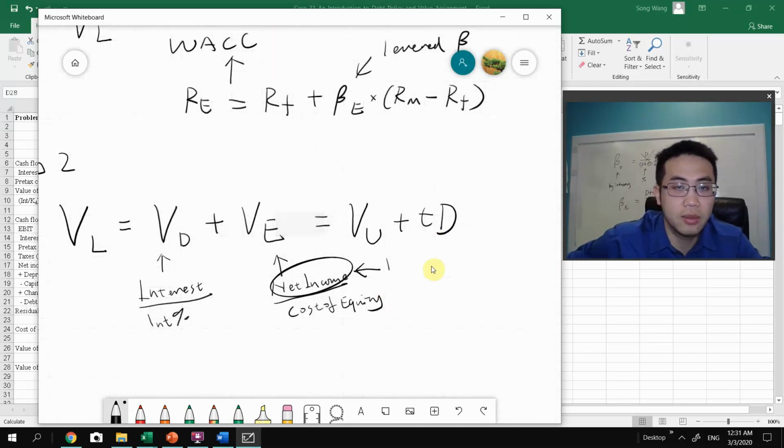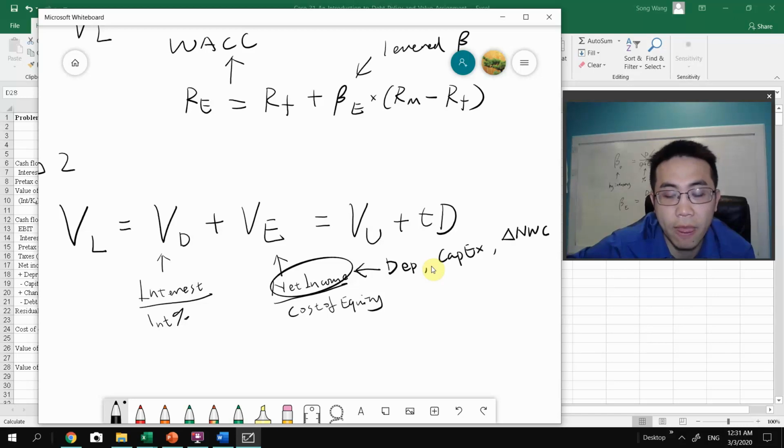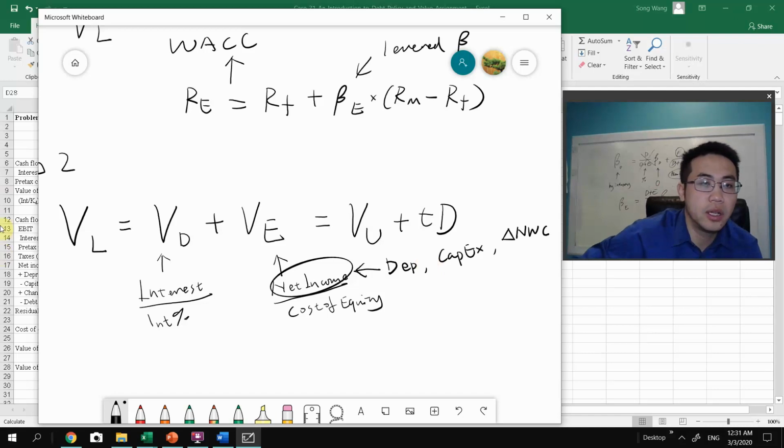For the net income, I have to incorporate the depreciation, the capital expenditure, and also change in net working capital, and all this.